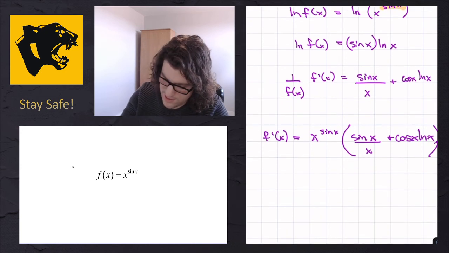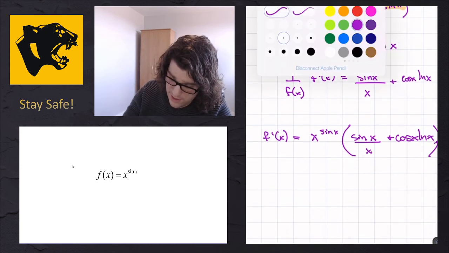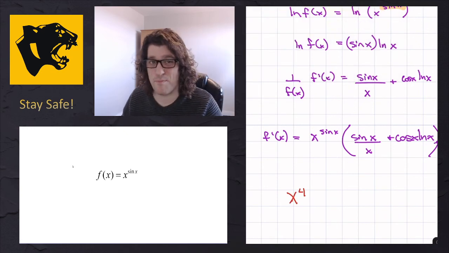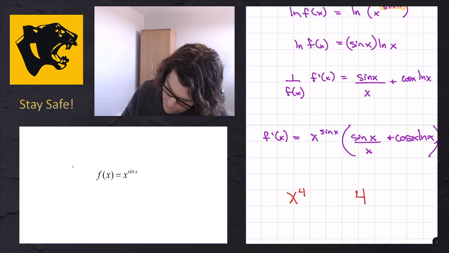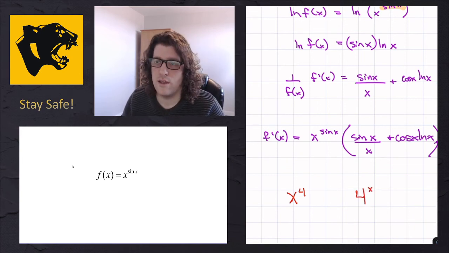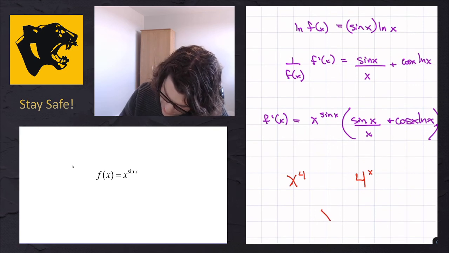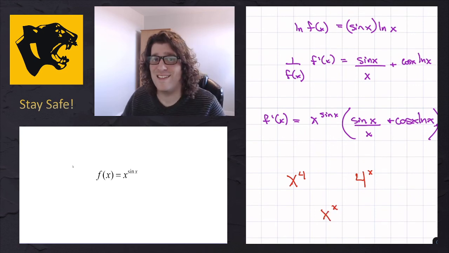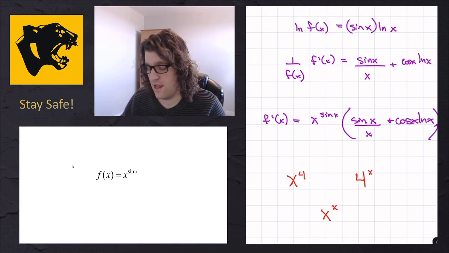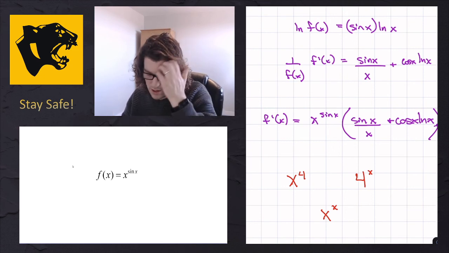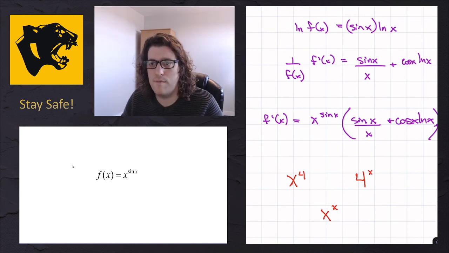Now, just as an aside, because I get this happening every year, x to the power 4 is a power rule. 4 to the power of x is an exponential function, and x to the power of x is neither. I suppose you could say it's both, but it doesn't follow the rule of power rule functions, and it doesn't follow the rule of exponential functions either when doing the derivative.